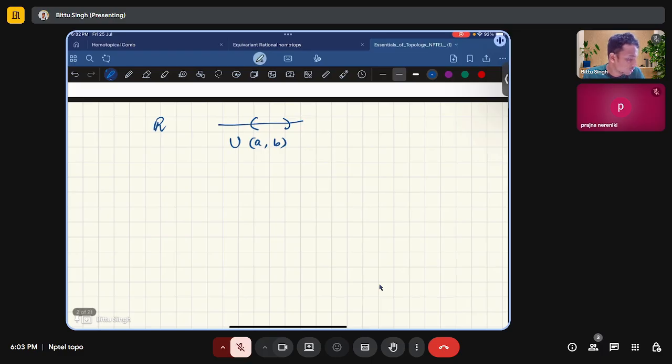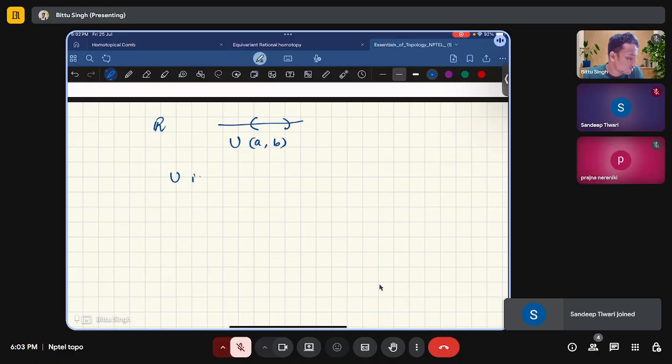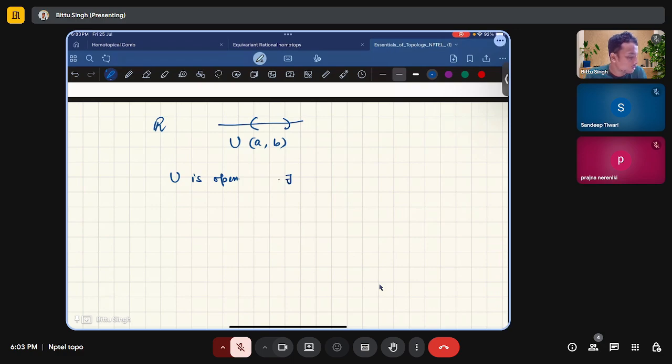A set U is open if for all a belonging to U, there exists a neighborhood, meaning an open ball, for example a minus epsilon to a plus epsilon, which contains a.